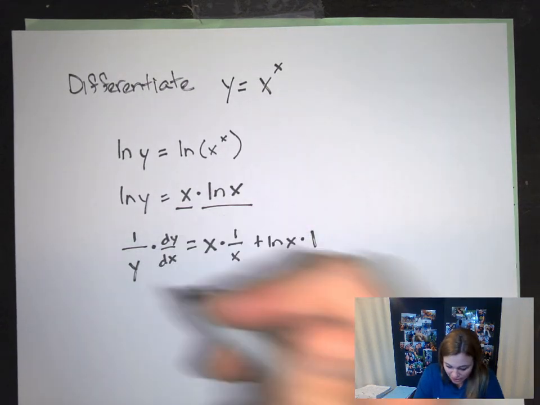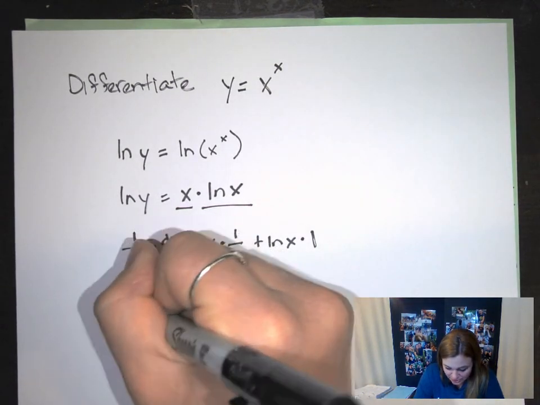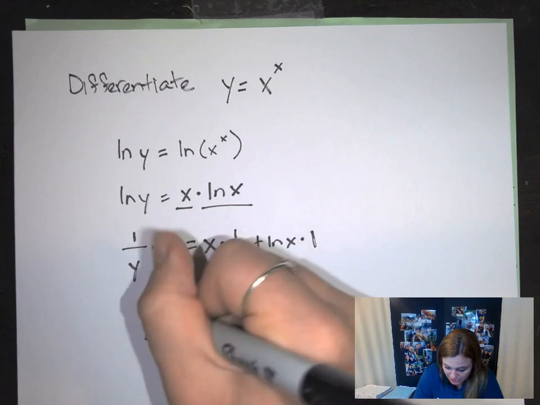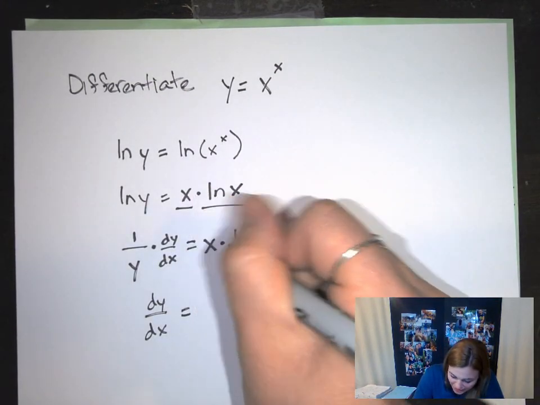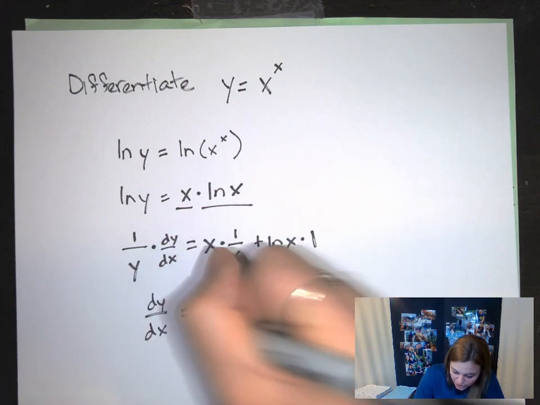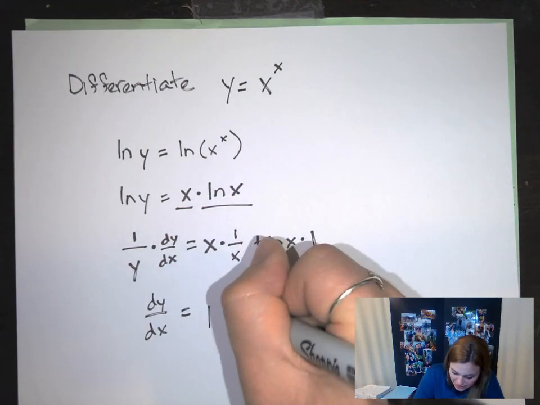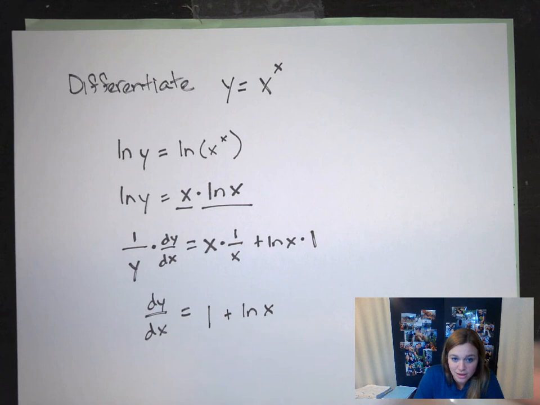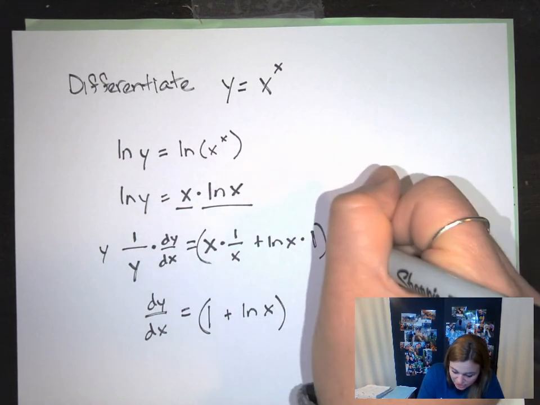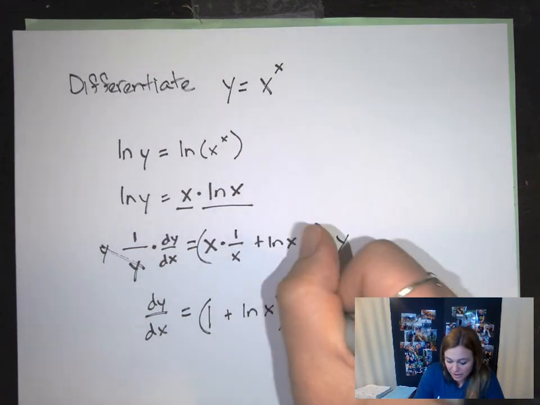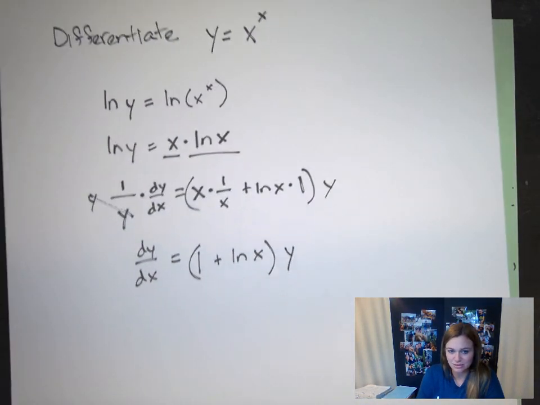So we've got dy/dx. If we were to solve for this, dy/dx is equal to, I'm going to multiply both sides by y. x over x would just be 1 plus natural log of x. But if I'm multiplying both sides, multiply this side by y, and multiply this side by y. You're like, this doesn't look right.